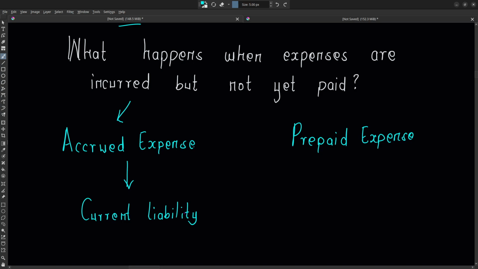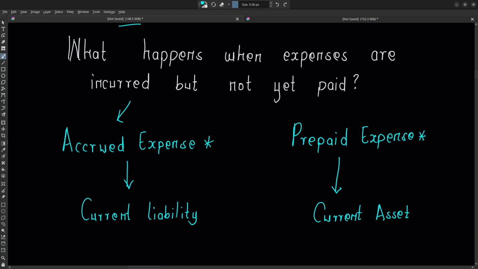Because it's something that you should be settling within a period of 12 months, it is a current liability, okay? And for prepaid expense, you have paid for something, but you have not yet incurred it, meaning you're yet to receive the benefits of what you have paid for. So these two items are opposite of each other.